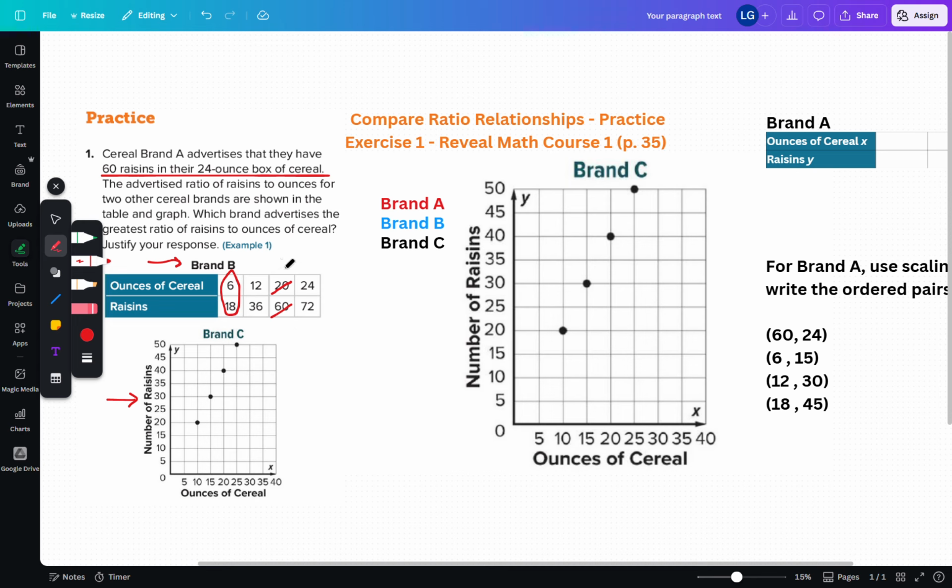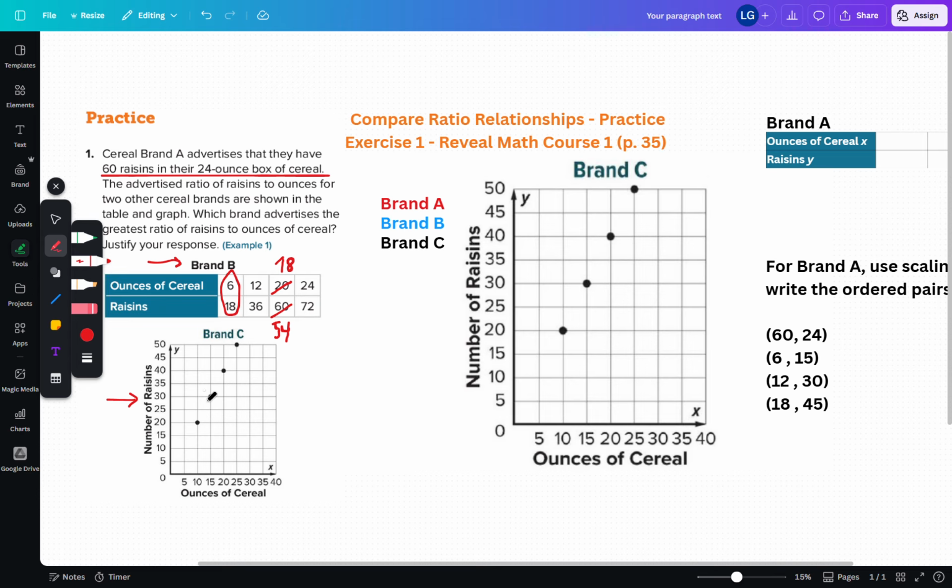This equivalent ratio should be 18 and 54, and the last one is 24 and 72. And for brand C, I have a graph.